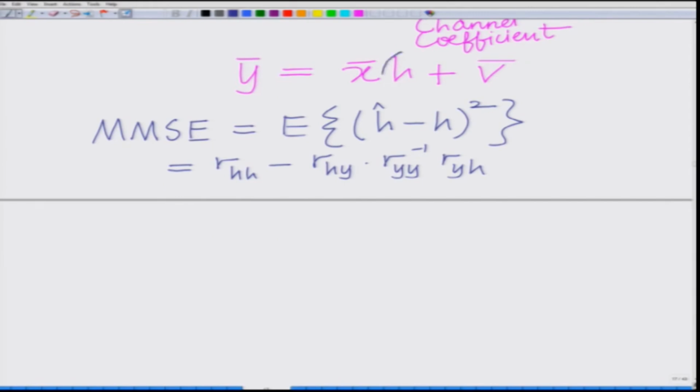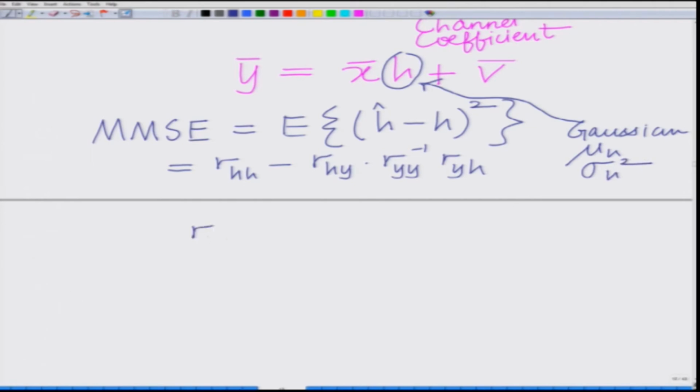Remember we are considering the channel coefficient h to be Gaussian. The prior distribution is Gaussian, with mean mu_h and variance sigma_h square.